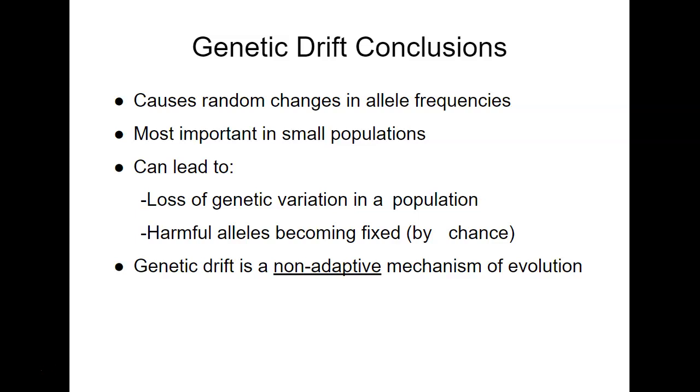Harmful alleles can become fixed, meaning if in any of these examples, all of the individuals have a particular disease or an allele that can cause a disease, because of the low population and the continued reproduction, it can become fixed by chance. And it's not adaptive. It's by random chance, so it's not necessarily occurring because individuals are most fit for the environment.